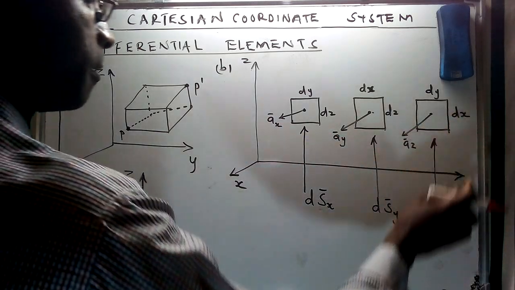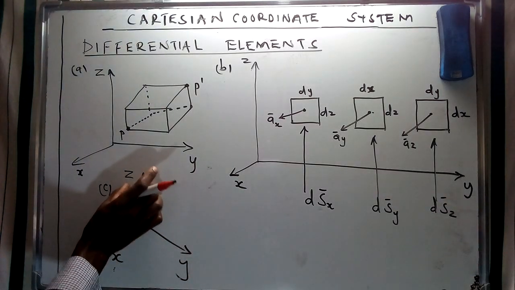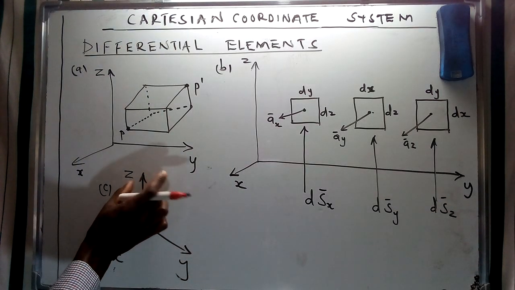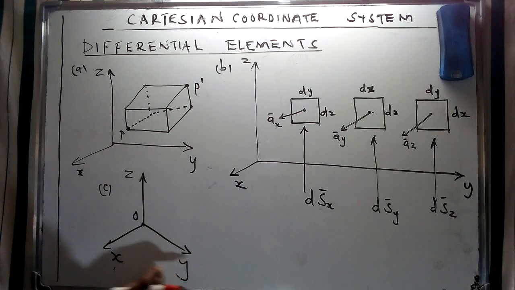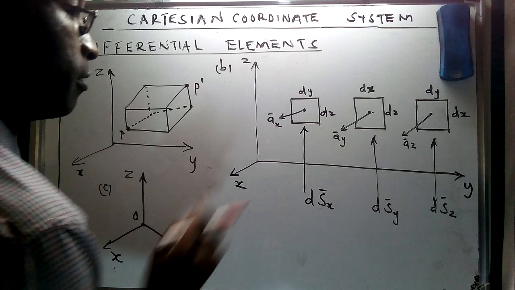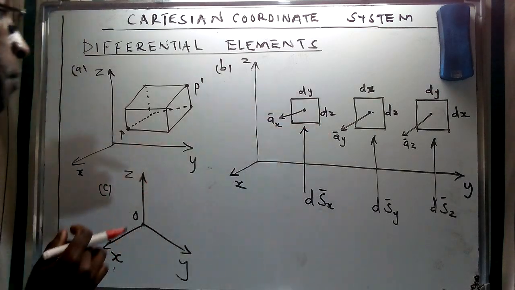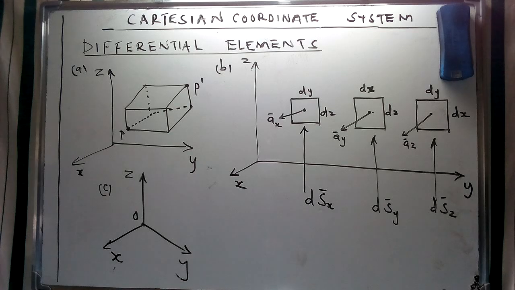And for the last part, which is a surface element for z, we're going to have this particular surface which is normal to the xy plane given as such. So we're going to have this one as a unit vector pointing outwards from that specific surface. So that's how we're going to visualize this specific second set of points.